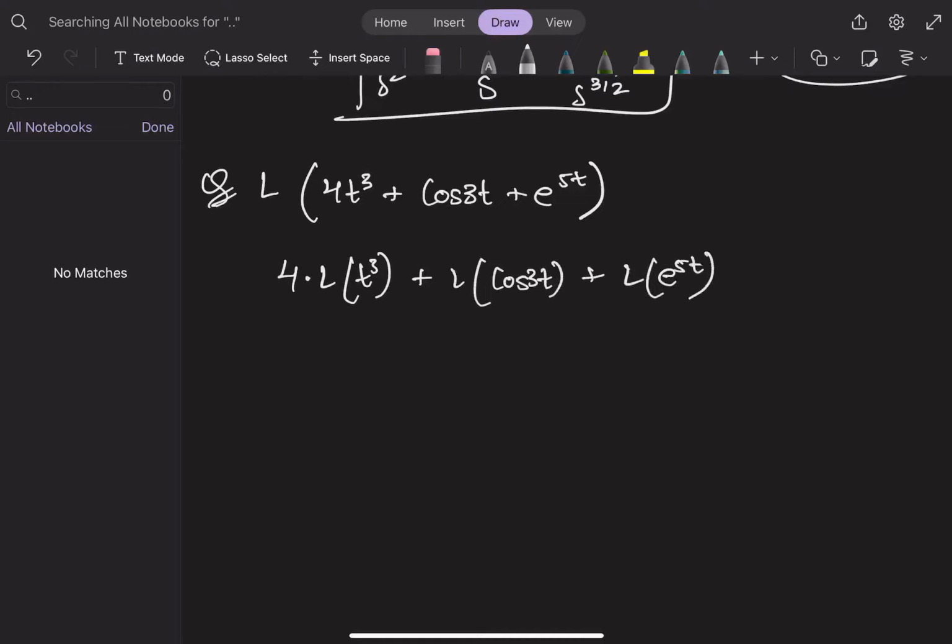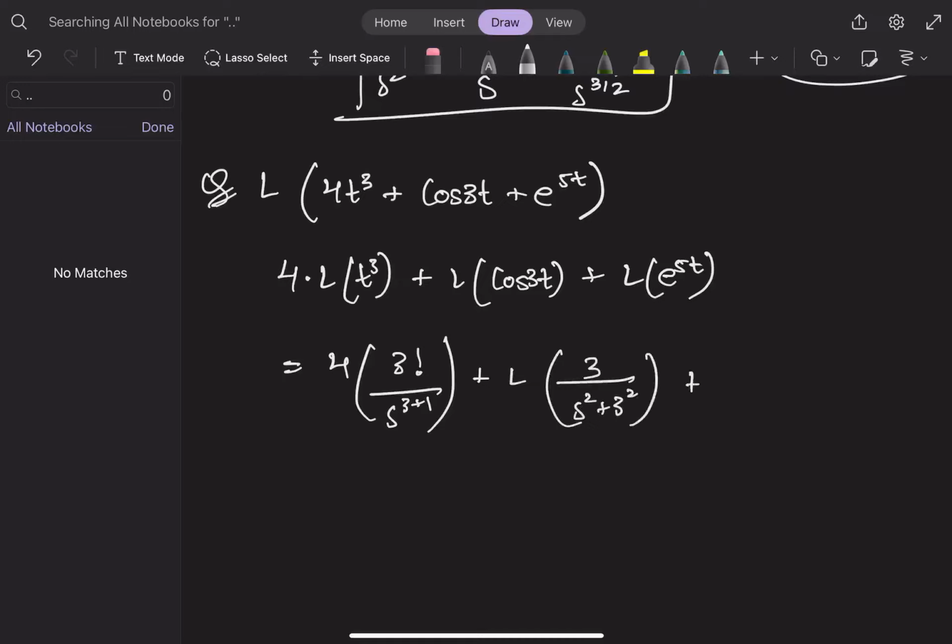So this becomes 4 times 3 factorial divided by s raised to 3 plus 1, plus 3 divided by s square plus 3 square, plus 1 divided by s minus 5.